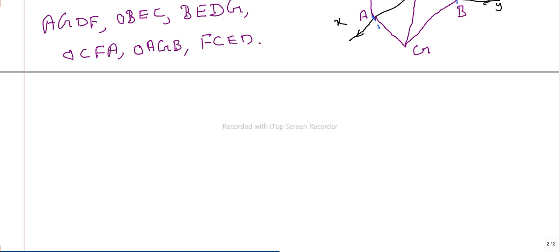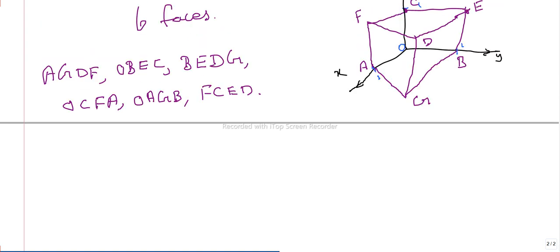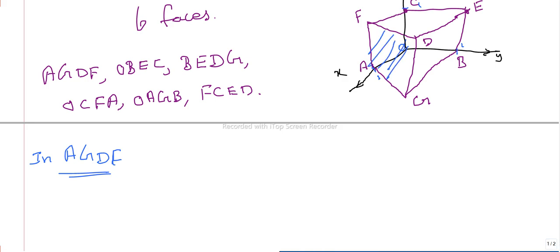Okay, in the AGEF, look at the picture. This is towards the x-axis, so x should be maximum 1. So here x is 1. If you take the face AGDF in the first space, here the x value is 1 and the direction is the x direction.